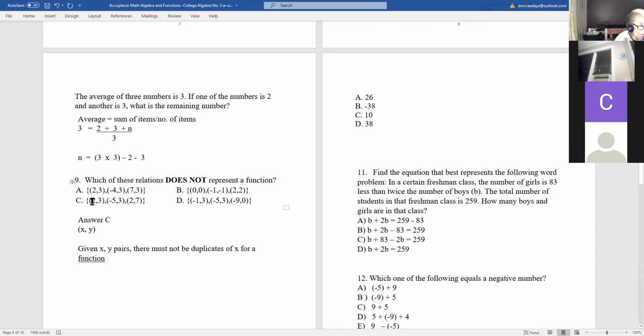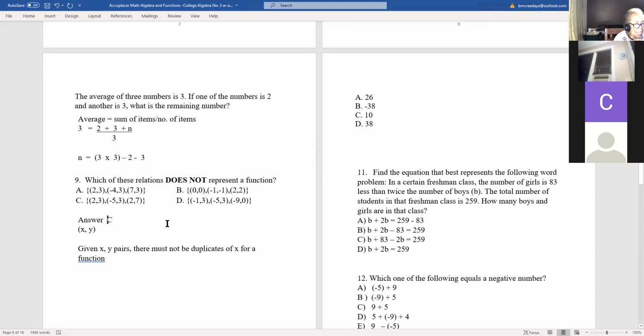The 2 appears duplicated because I have it here in this pair, 2, 3, and I have it here as 2, 7. Don't worry about the y values, just worry about the x values. If they're duplicated, then it's not a function. So the one that's correct is C, because C has x value 2 appearing twice.